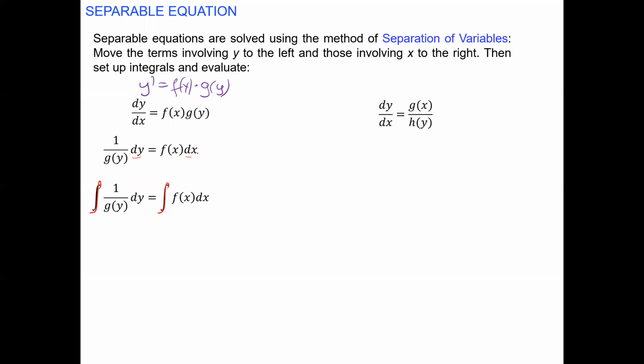G depends on x, h depends on y. And I can say, cross-multiplying, I will multiply both sides by h of y, and then I will move the x to the other side. And the same thing, now we are good with the independent and dependent variable, and we can process here.